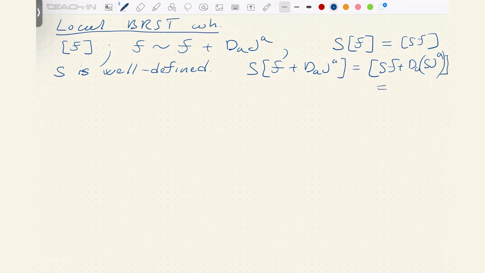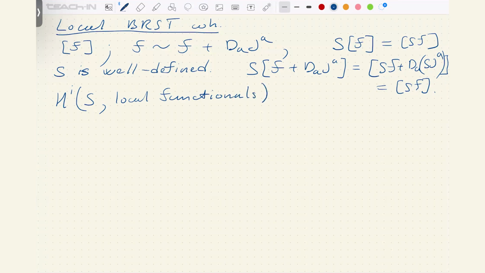And this is the same equivalence class, SF. So it's well defined. So in other words, our space of local functionals, so this quotient space, is also a homological complex, and its cohomology is local BRST cohomology. So this is H^i, cohomology group of S in space of local functionals.